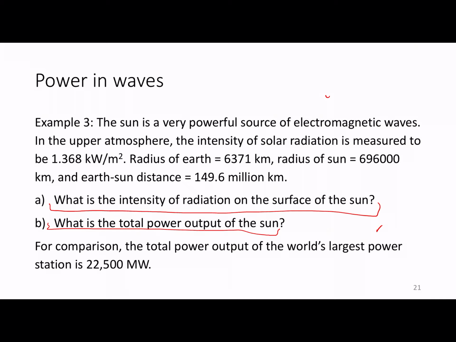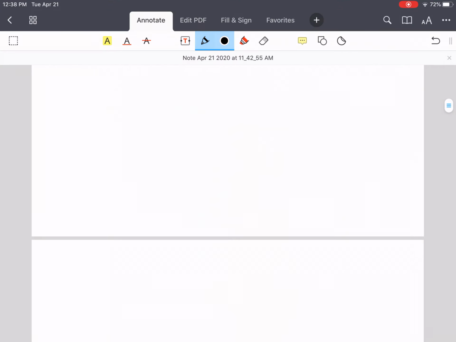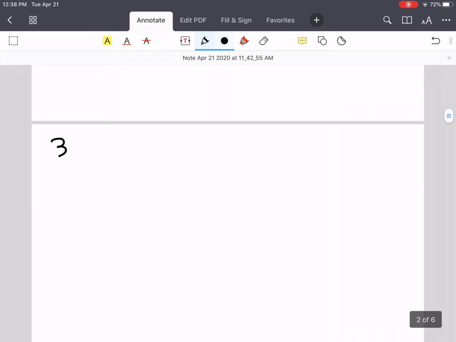Okay, very good. Here, we're given a little bit of info. We're imagining the sun as a point source of radiation, spewing out radiation at some average power, which we don't know.